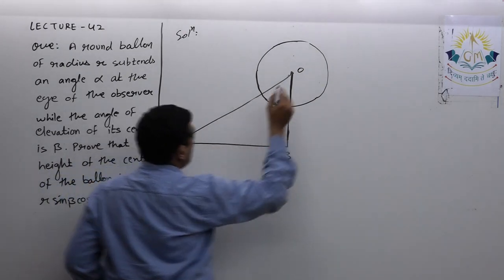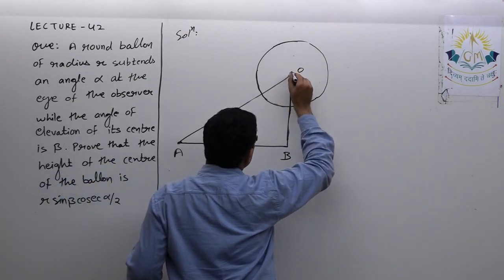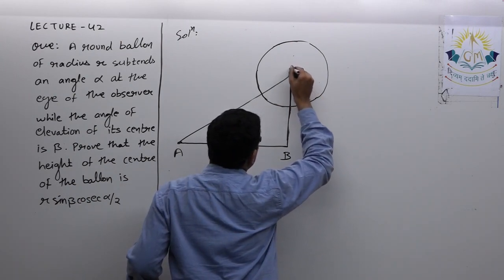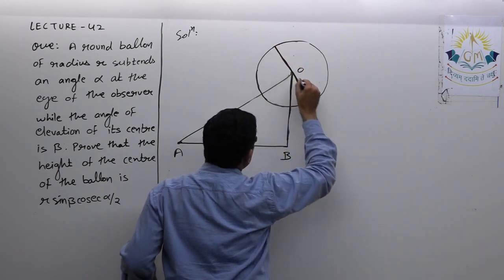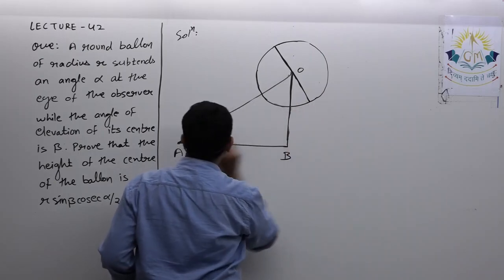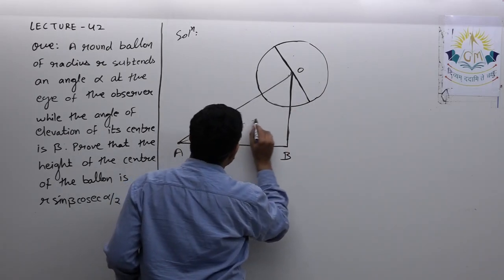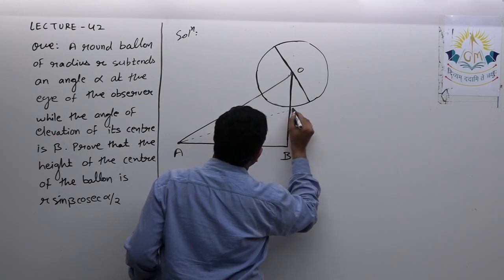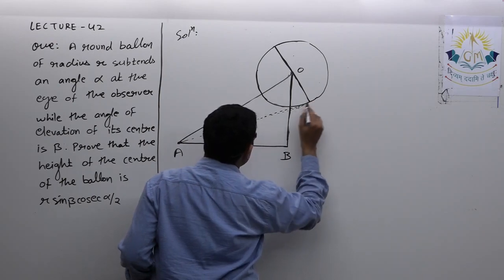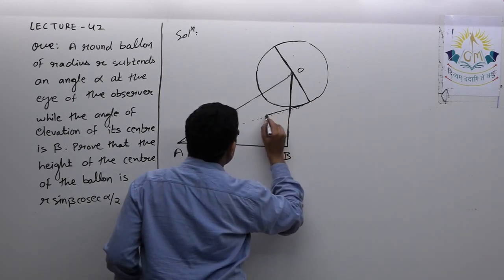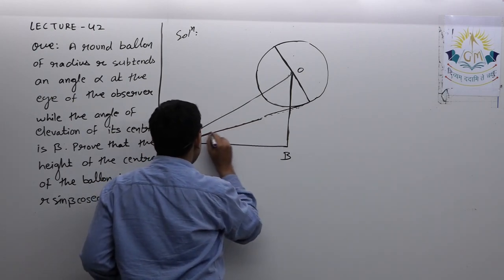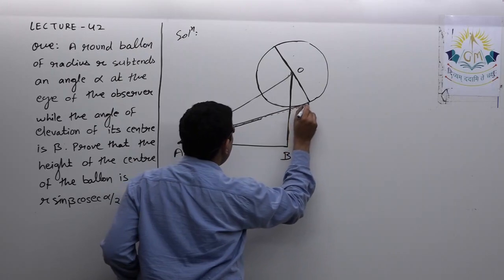Now if I talk about the angle subtended, okay, if I draw this diameter, something like this, this will be the angle subtended by the balloon.